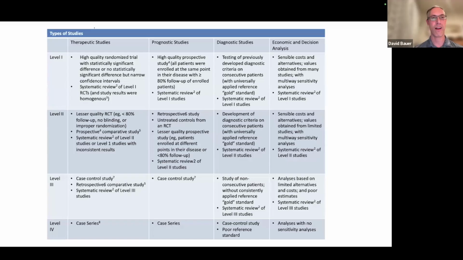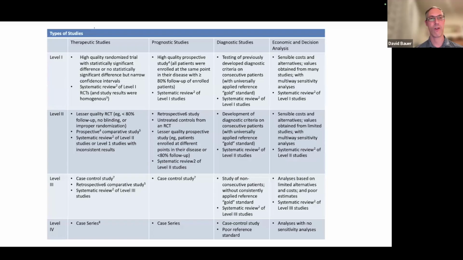And so when we look at the data for level one studies, you can see there at the top. These are high quality, randomized trials with statistical significance. And what that means is they're trials that were planned. The patients were randomized to a treatment or a control group, so either getting the treatment or not.